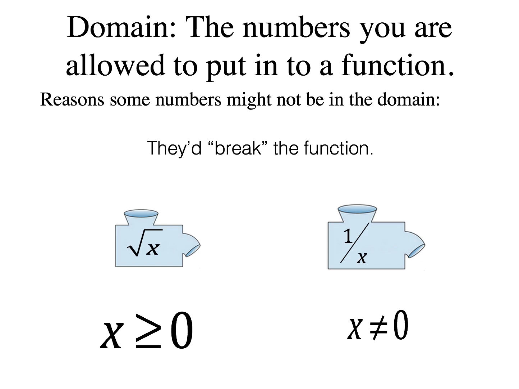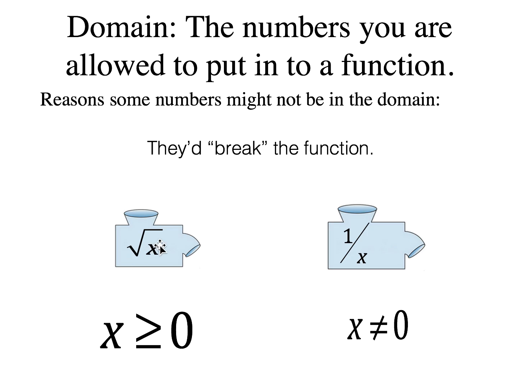The domain is the numbers that we are allowed to put into a function. So let's think about some reasons that we might not be allowed to plug some numbers into a particular function. One reason that numbers might not be in the domain is that they'd break the function.